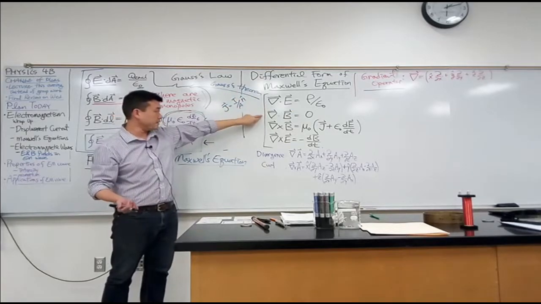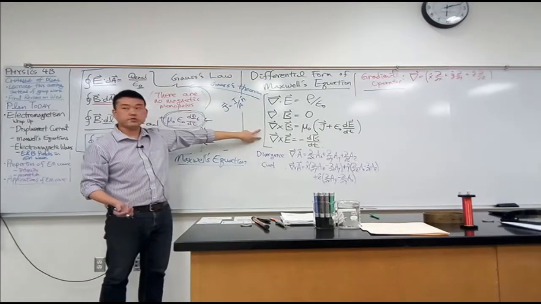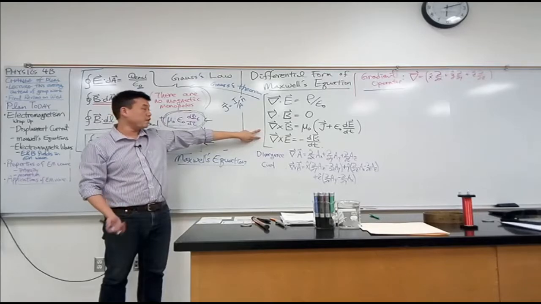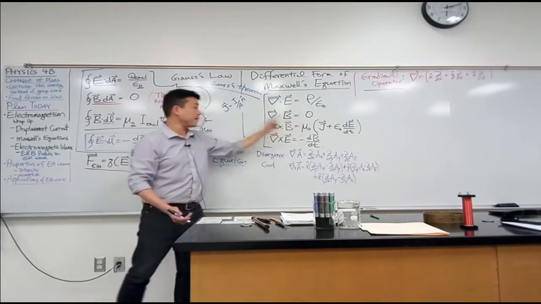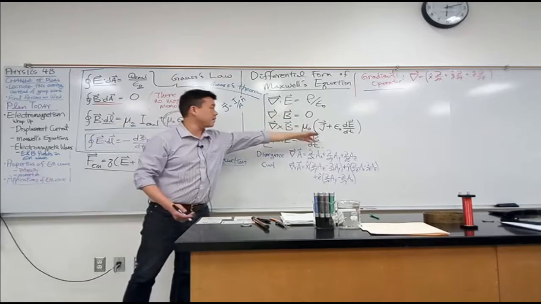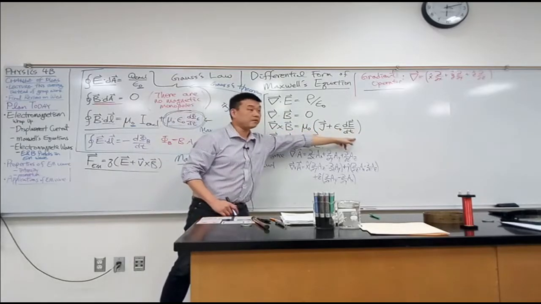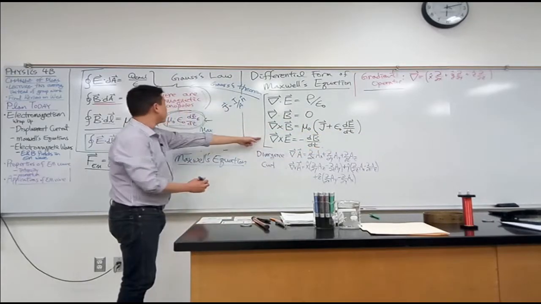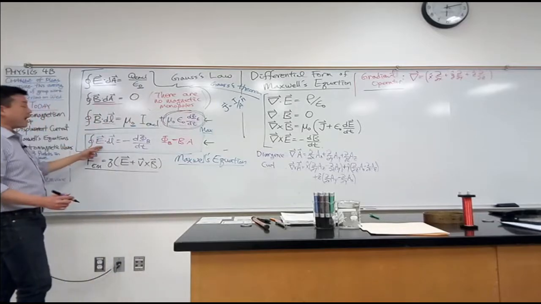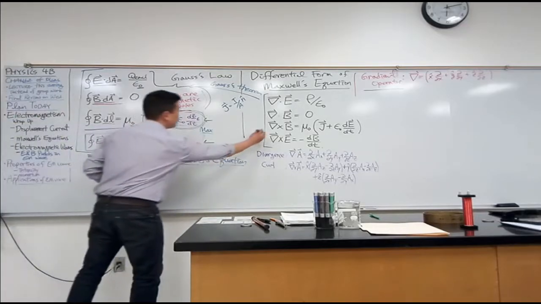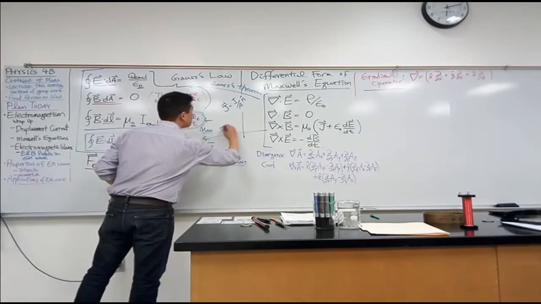Same thing with this. And for these, you use Stokes' theorem. You do an area integral on both sides. The right-hand side becomes current enclosed and flux, all that stuff. And the left-hand side becomes a line integral by application of Stokes' theorem.